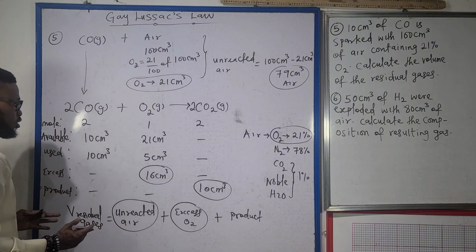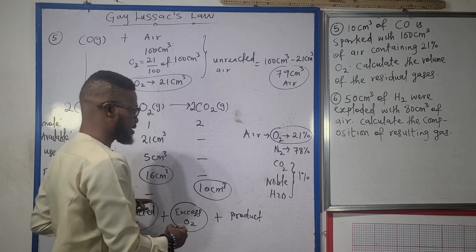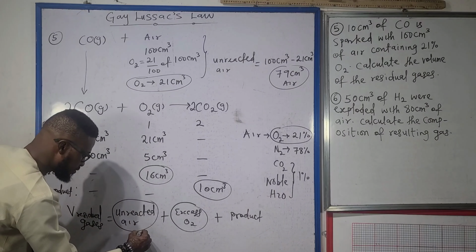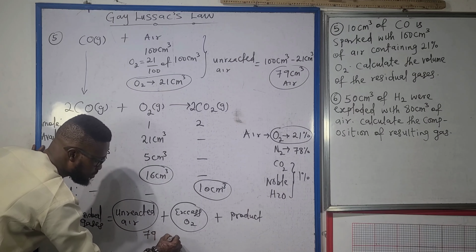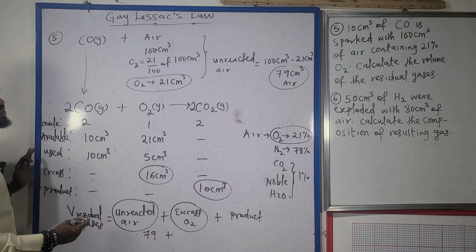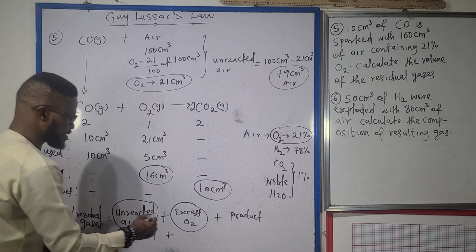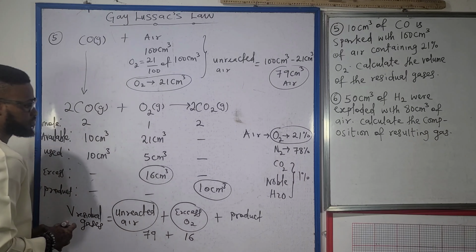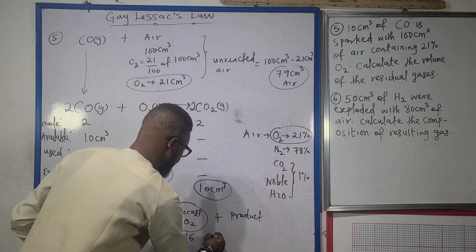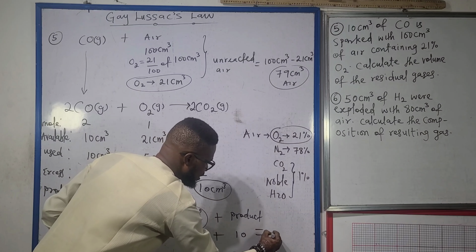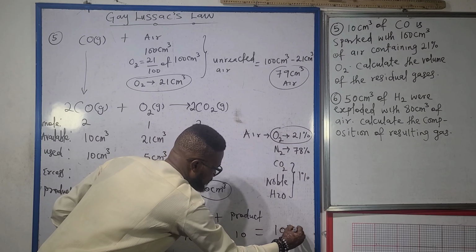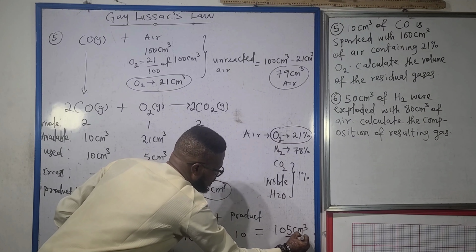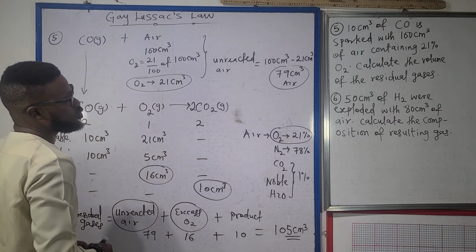So when you look at all of this, this is 79, plus excess oxygen here is 16, and the product here is 10. Everything equals 105 cm cube.